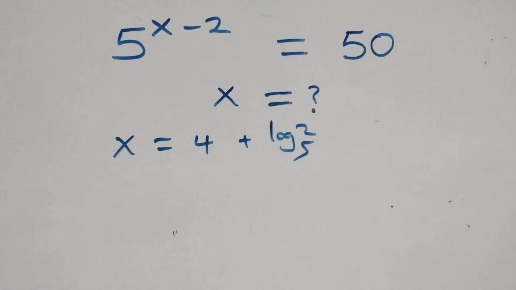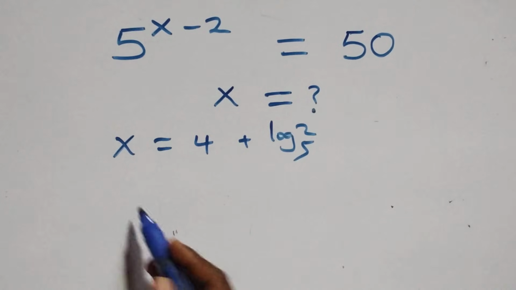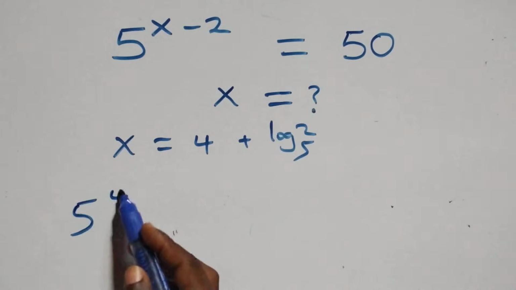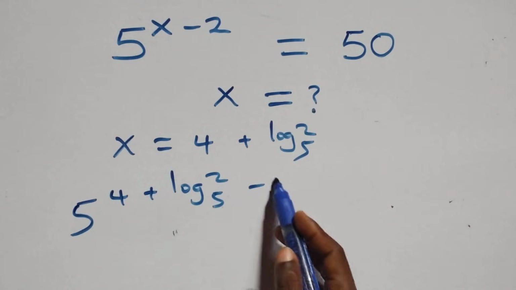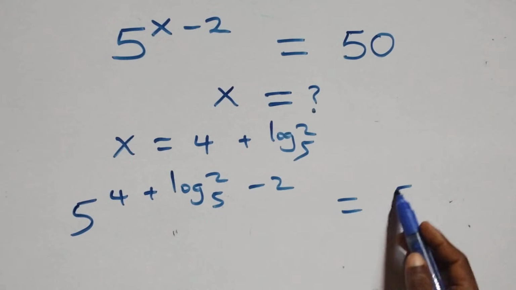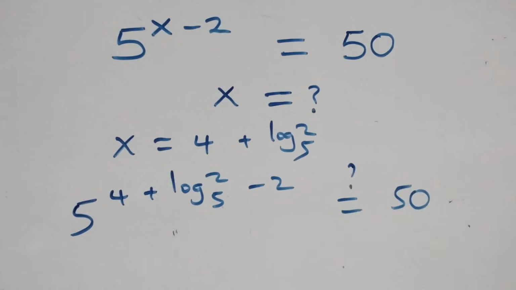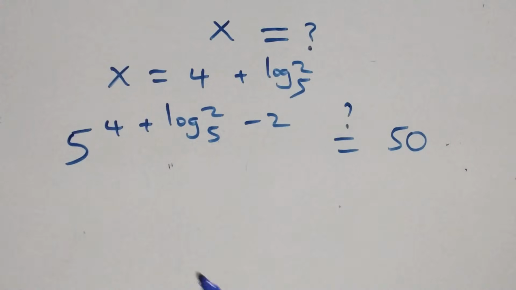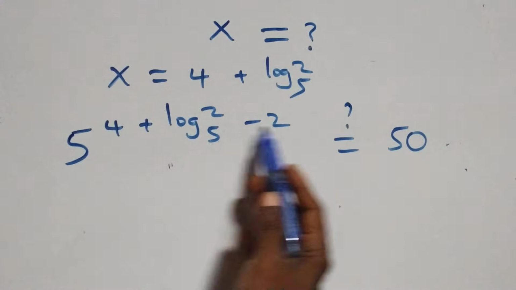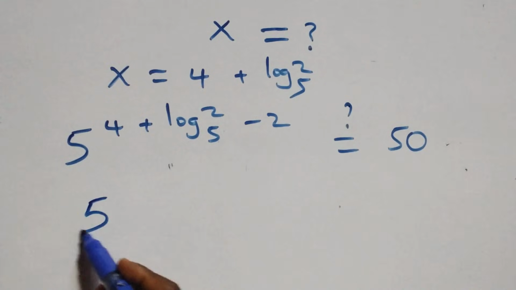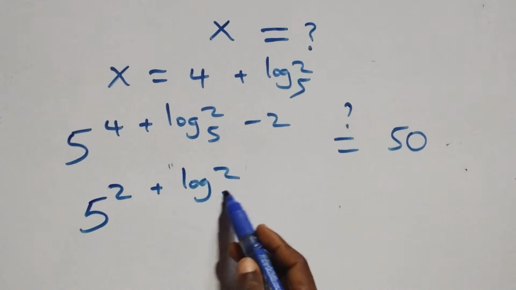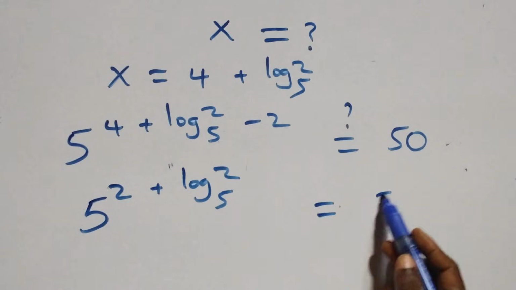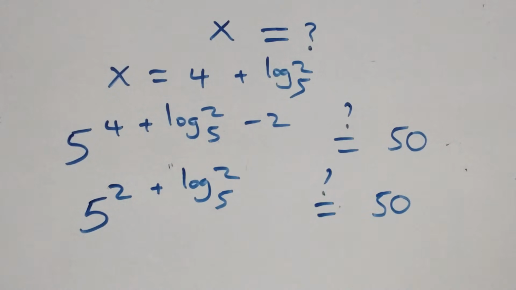Then what we have here becomes 5 raised to power 4 plus log 2 base 5 minus 2. Is it equal to 50 on this side? That is here. We have 4 minus 2, that's 2. This becomes 5 raised to power 2 plus log 2 base 5. This is equal to 50 on this side.